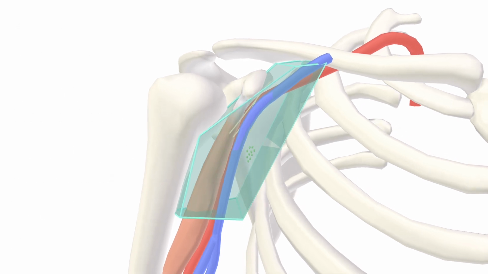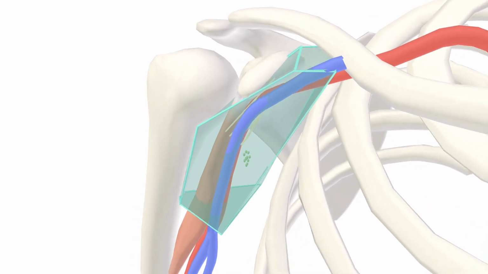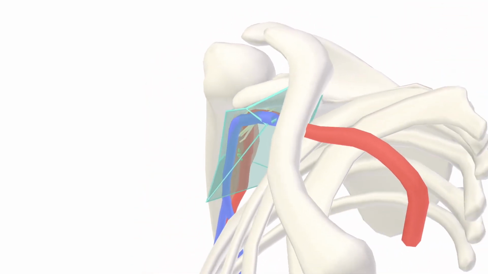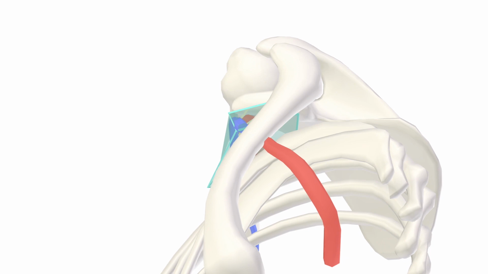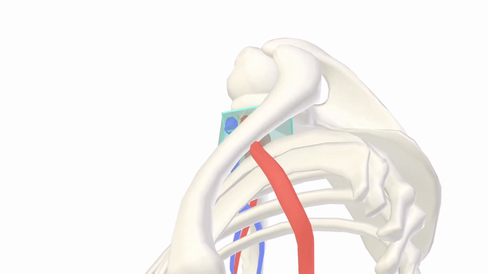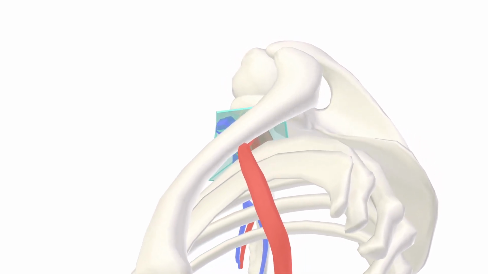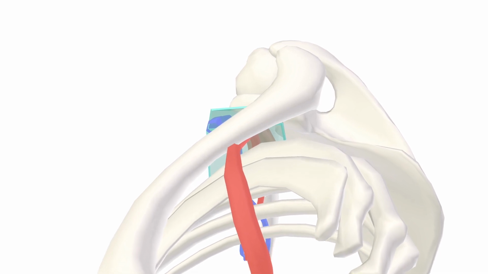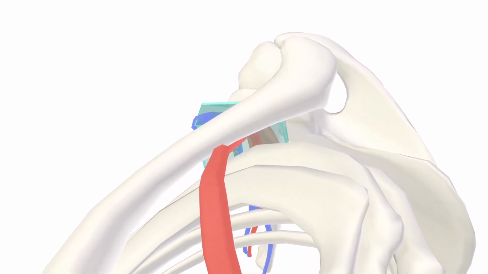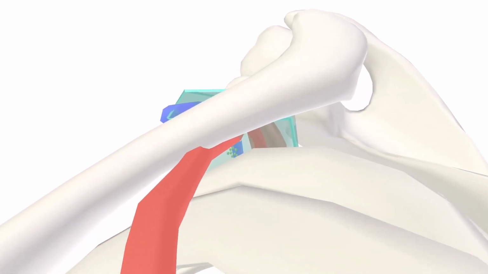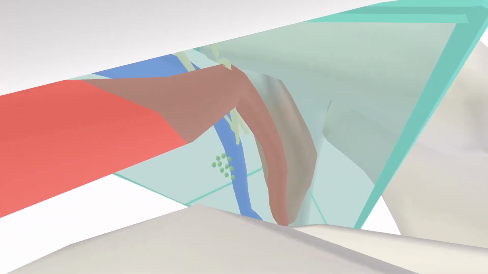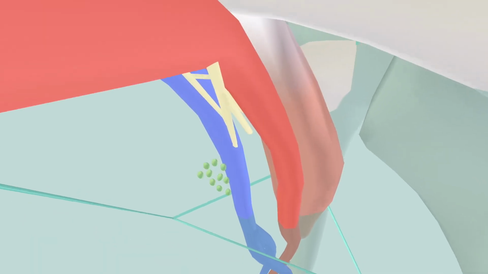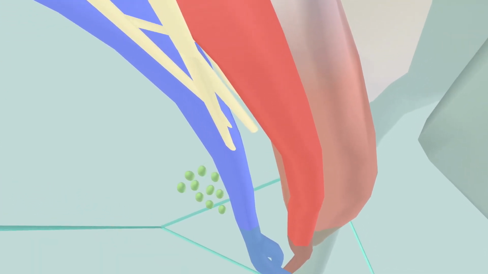Now that we've discussed the boundaries and contents of the axilla, let's take a short tour through it. We'll begin at the subclavian artery, which becomes known as the axillary artery once it has passed by the first rib. You may remember, the first rib is also part of the superior boundary, so having passed that, we are now in the axilla.